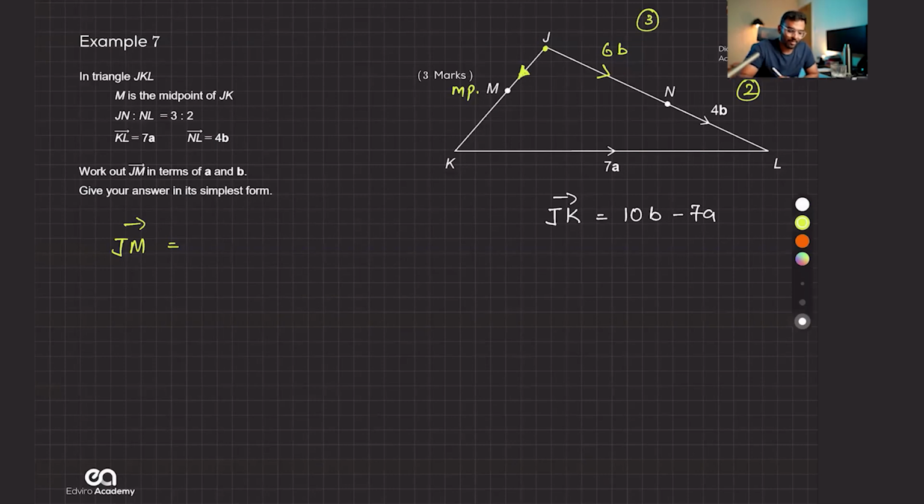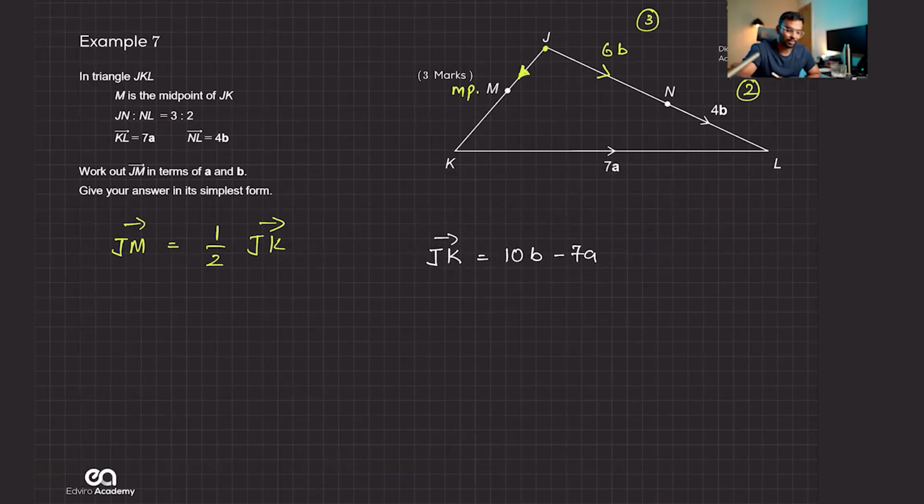You see, JM, don't you think it's just simply half of JK? That's even better. Yeah, I just didn't look at it that way. It's half of JK. So JK, we just worked it out here. How did you work it out? You went all the way J to K. All of that is in your direction, so you added the B, and that's your value.